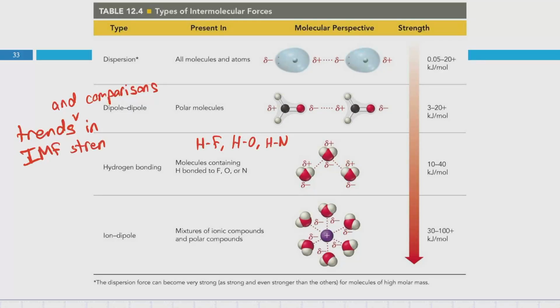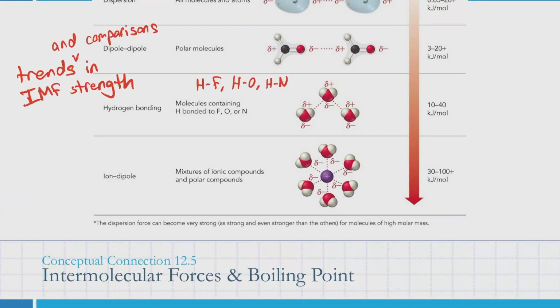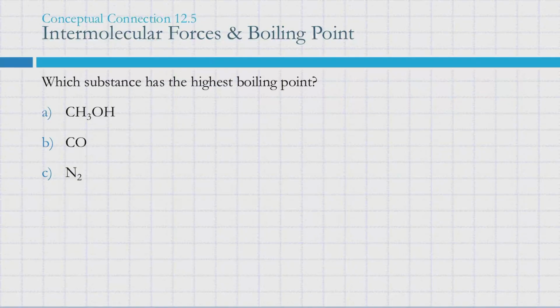I'm going to abbreviate intermolecular forces as IMF, not to be confused with the International Monetary Fund. Okay. Given what we know now, which of these substances has the highest boiling point?